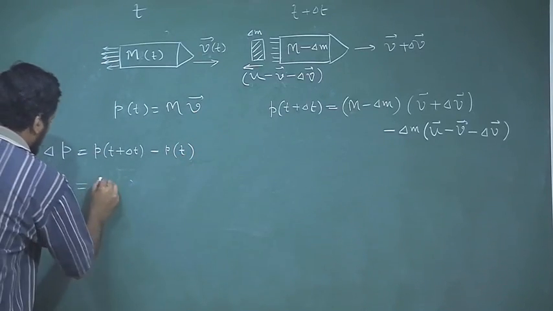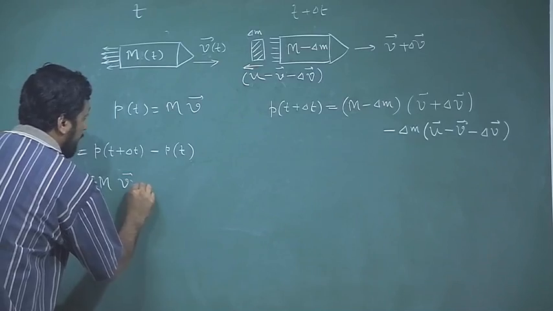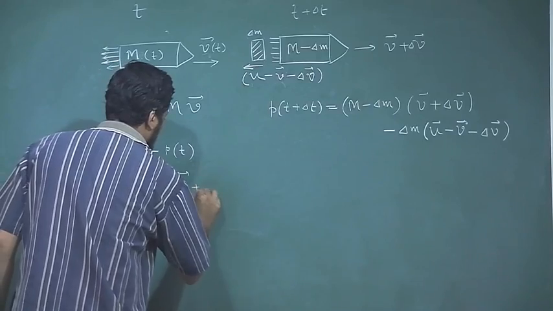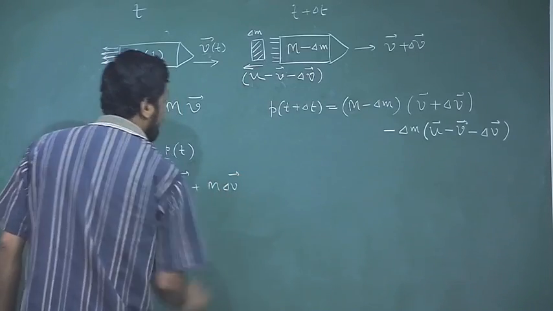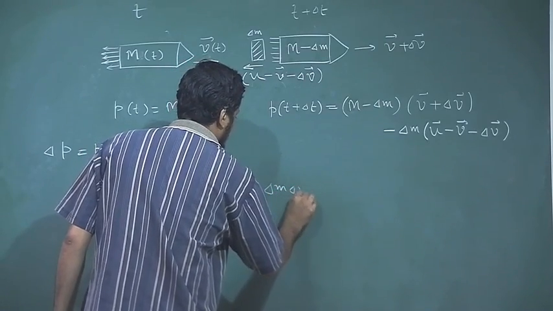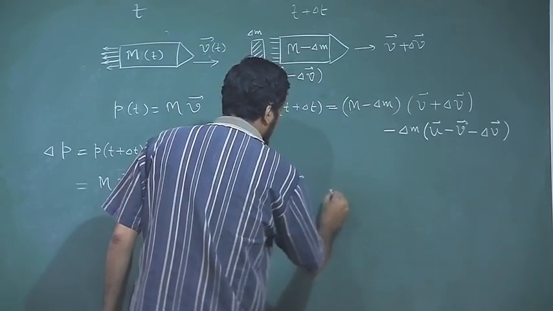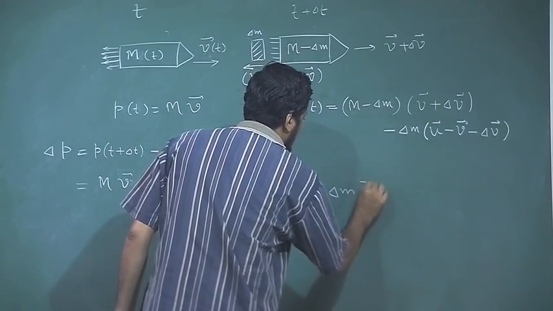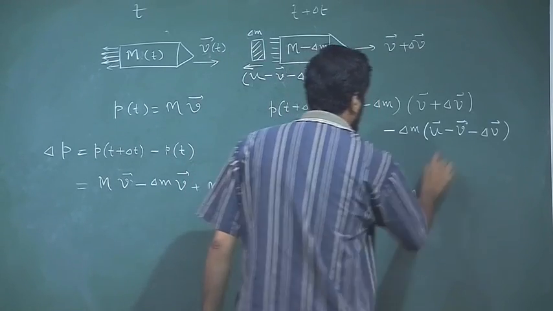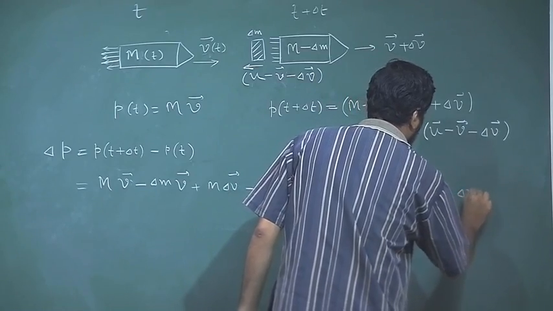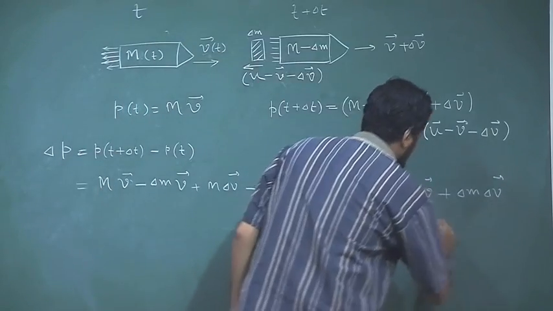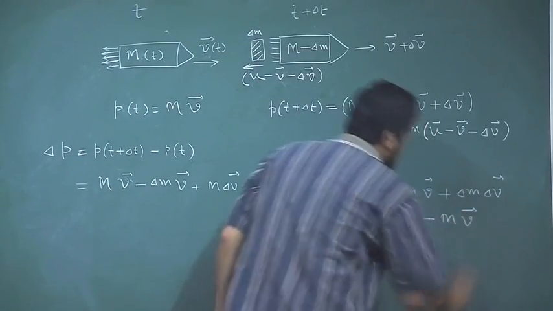If we go term by term, we have Mv minus delta m v plus M delta v minus delta m delta v minus delta m u plus delta m v plus delta m delta v, and then we subtract Mv from it.